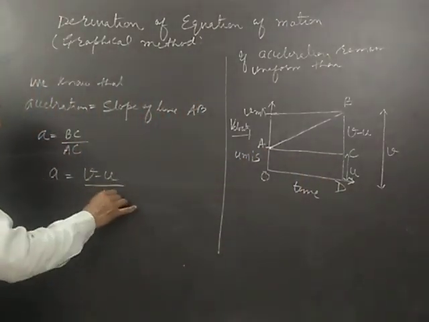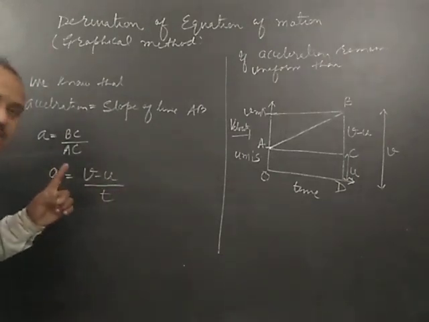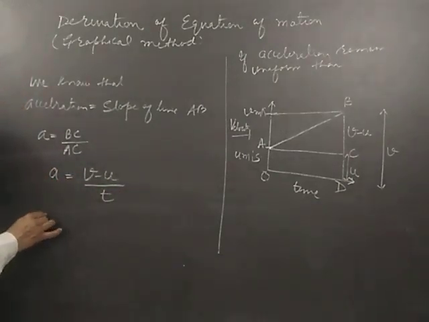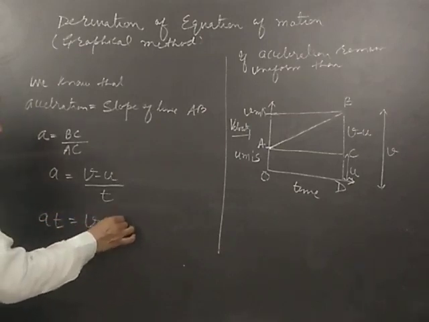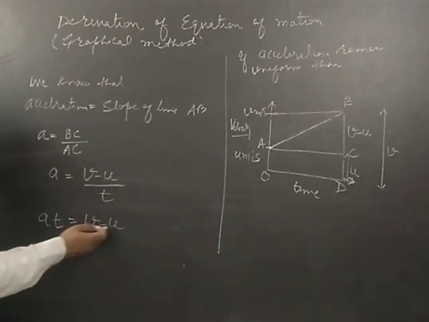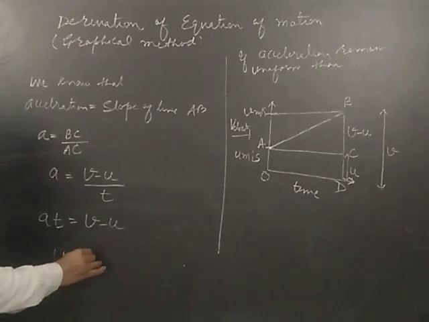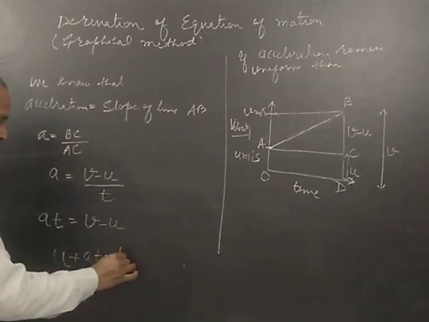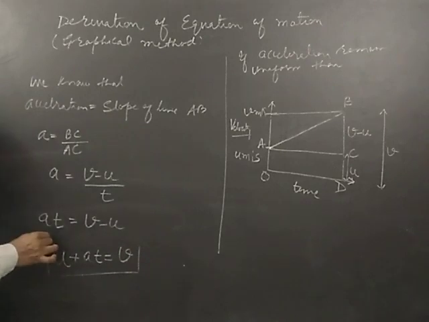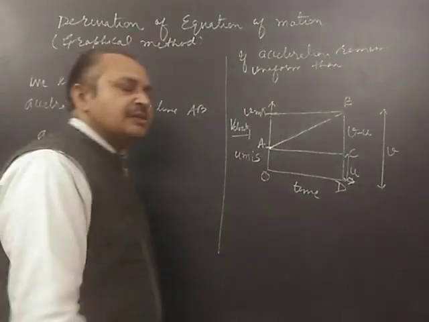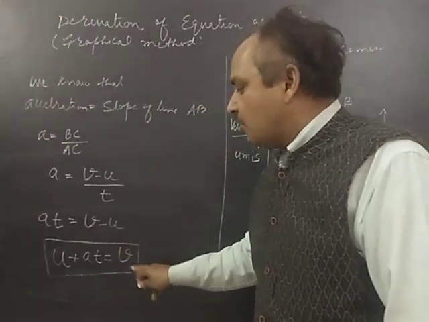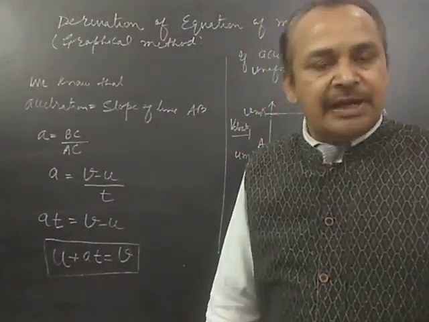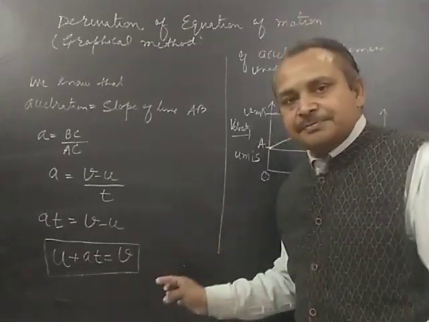Obviously it is the time. So straight away if we cross multiply, I get at is equal to v minus u, and when you take this u here, what you get? u plus at is equal to v, and what is this? This is nothing but the first equation of motion. Any doubt? Is it clear?